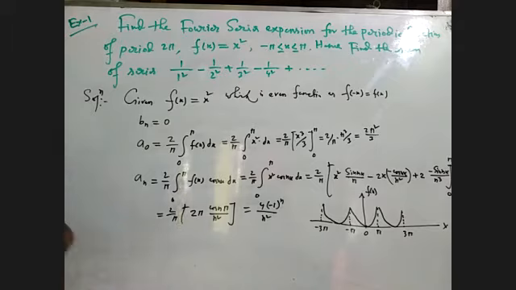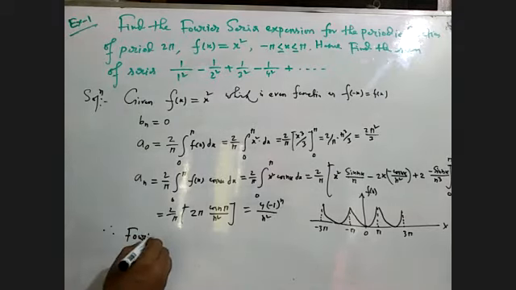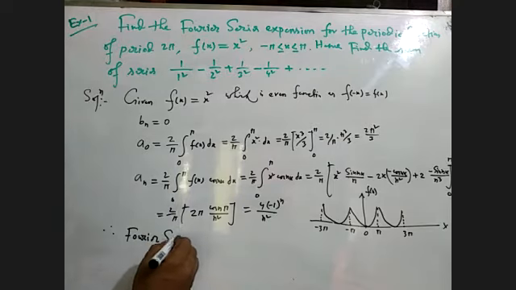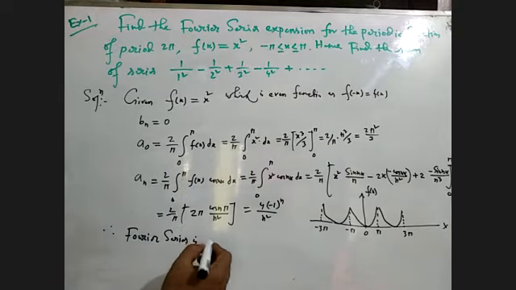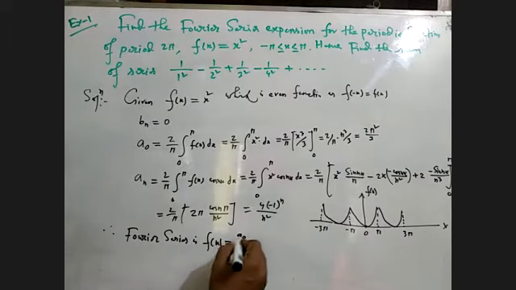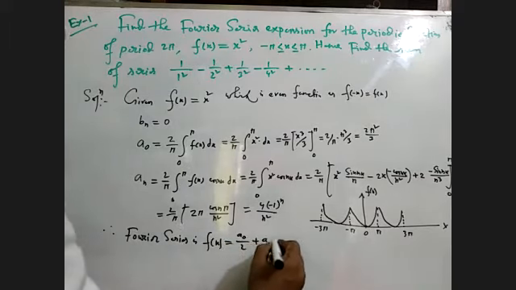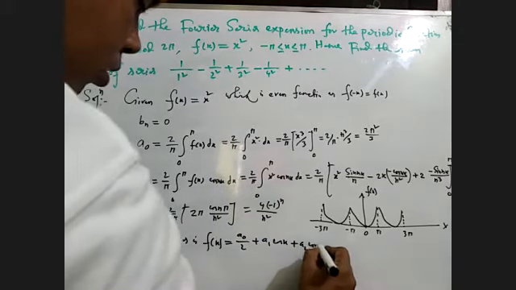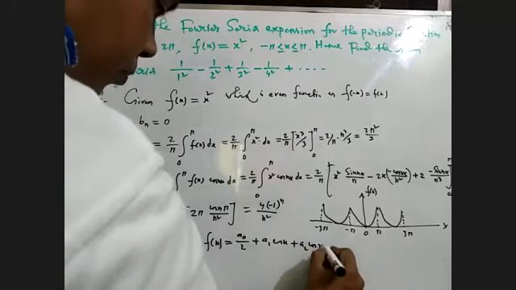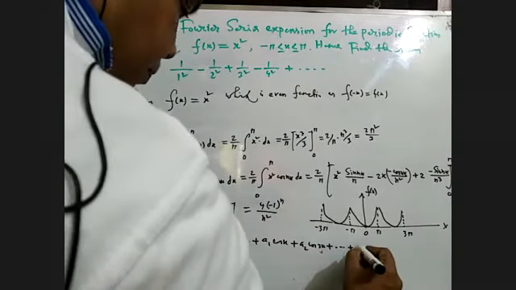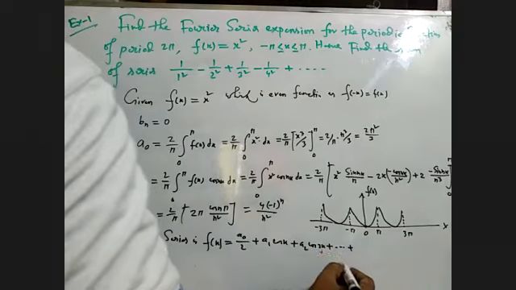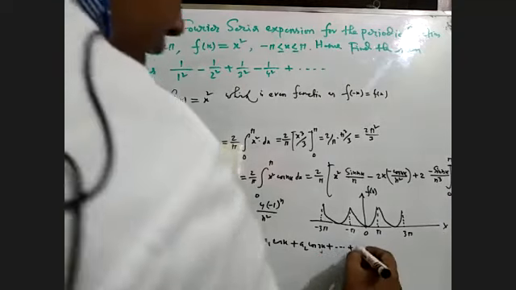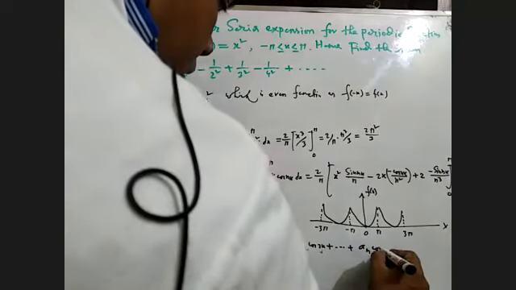So the Fourier series is f of x equals a naught divided by 2 plus a1 cos x, a2 cos twice x, plus dot dot, plus an cos nx.